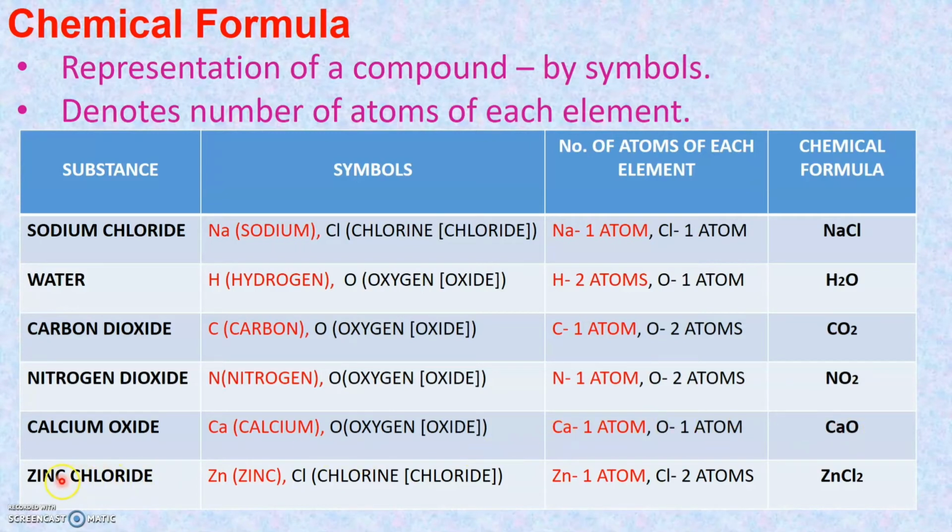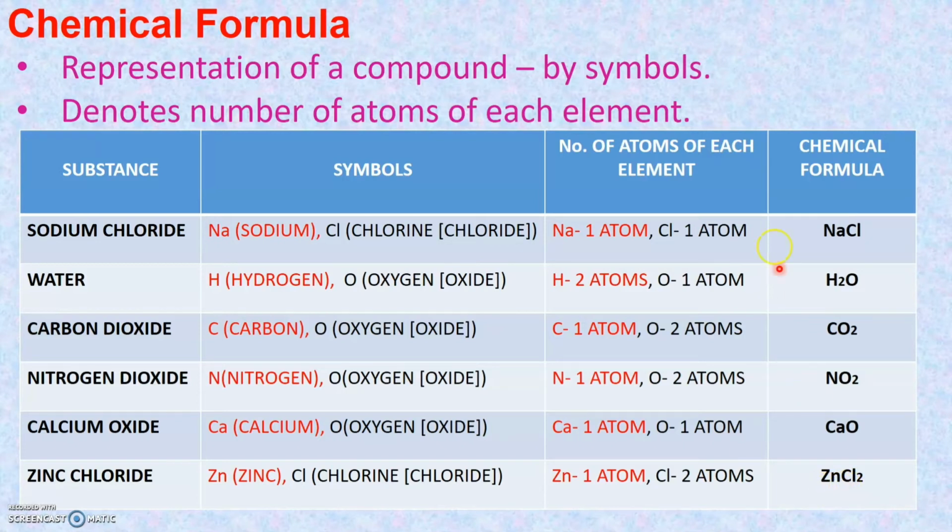In the case of zinc chloride, the chemical formula of the compound is ZnCl2. Two different elements, zinc and chlorine, are combined together in order to form this chemical compound, that is zinc chloride. Here also we see that one atom of zinc combines with two atoms of chlorine in order to form ZnCl2.